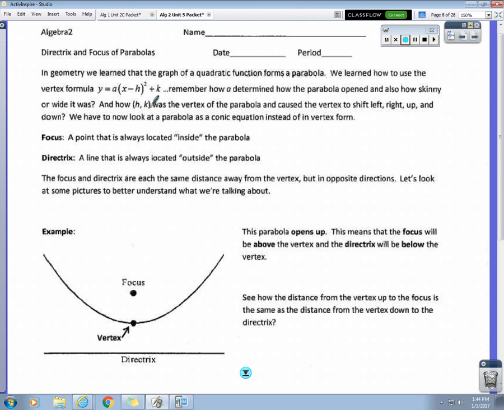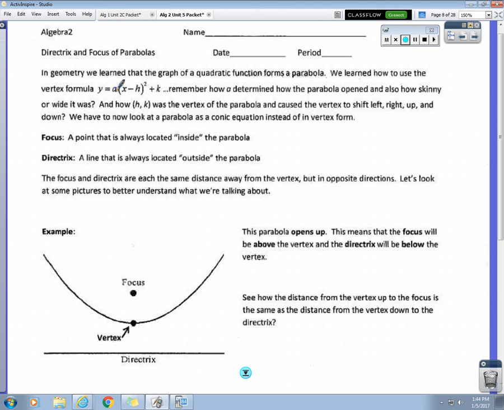Today we're going to start talking about the directrix and focus of parabolas. In geometry, we learned that a graph of a quadratic function forms a parabola. We learned how to use the vertex formula, which is y equals a times x minus h squared plus k. Remember, a determined how the parabola opened and how skinny or wide it was.